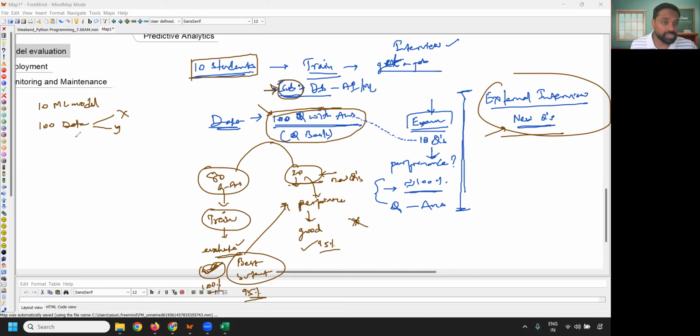And then we use the historical data, that is these 100 data points, to train 10 different models. But again, we don't directly pass 100 records to train the model. We split this data into train and test. We do train and test split.